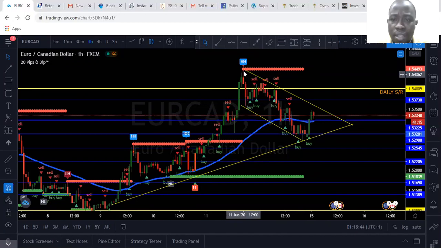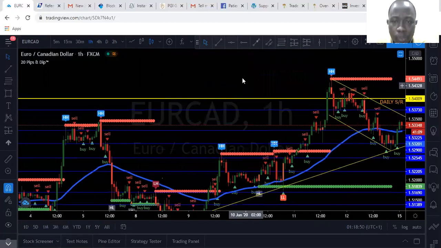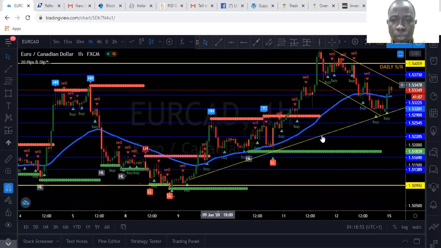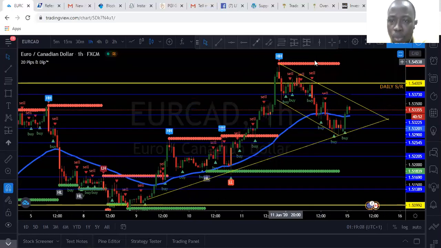Whenever price gets there, price is resisted and it bounces back. This is an area of hesitation, an area of rejection. Underneath, the green one is our support. So literally, this indicator prints out the support and the resistance.